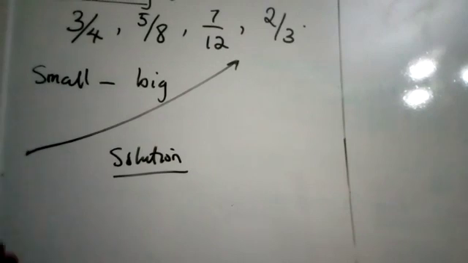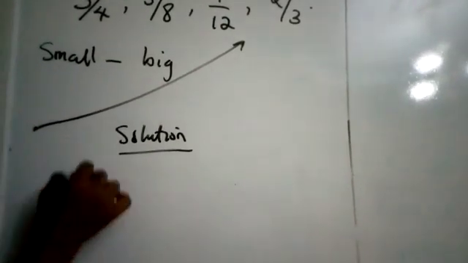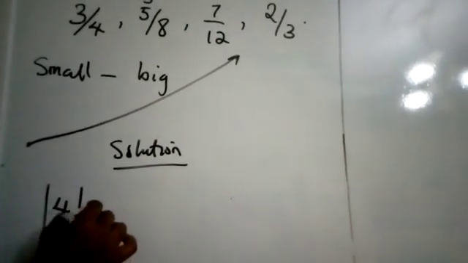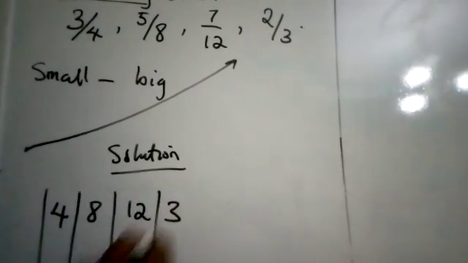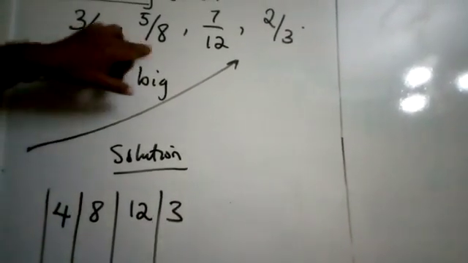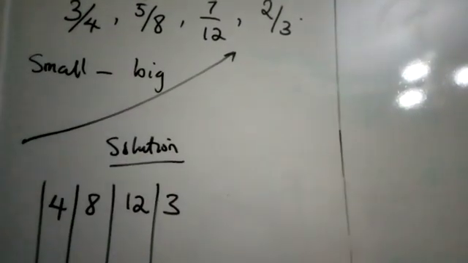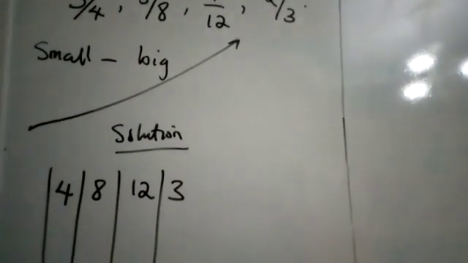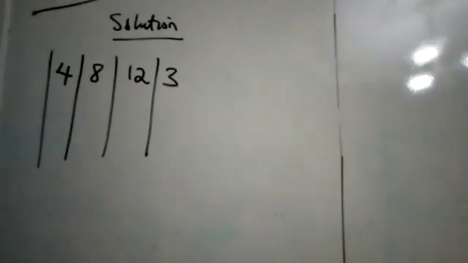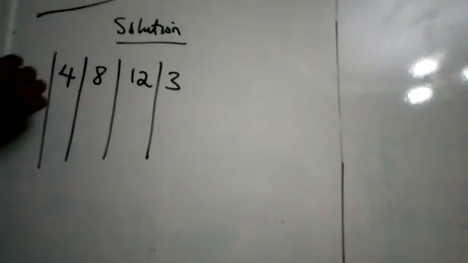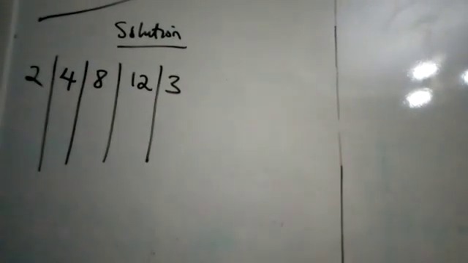So we are going to pick the denominator of each of those fractions. We have 4, 8, 12, and 3. Now we look for the lowest common denominator. We start breaking them down by a common factor. Now the common factor here, looking at it, will be 2, the smallest common factor.